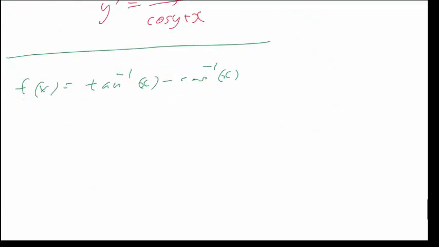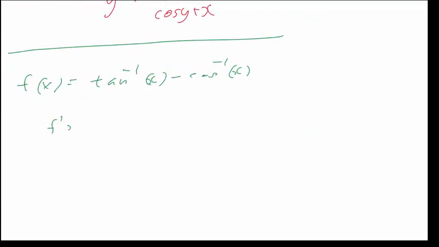Alright, so f prime of x, and so when you take the derivative of inverse tan, this is one that you just need to have quick access to, and so that is 1 over 1 plus x squared minus, so a negative 1 divided by the square root of 1 minus x squared. Alright, awesome.